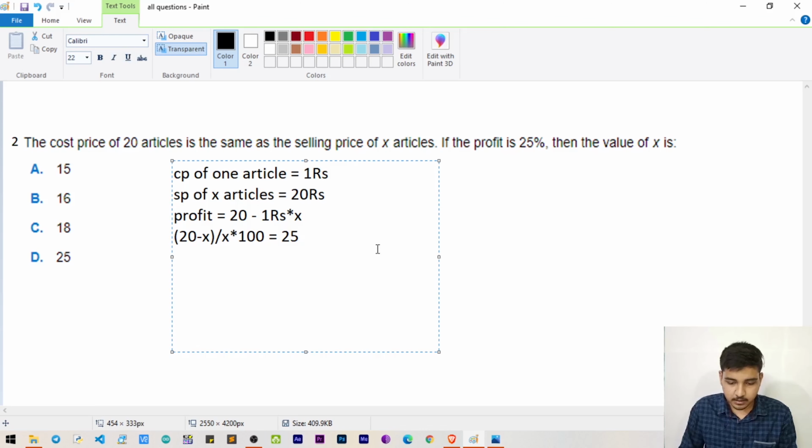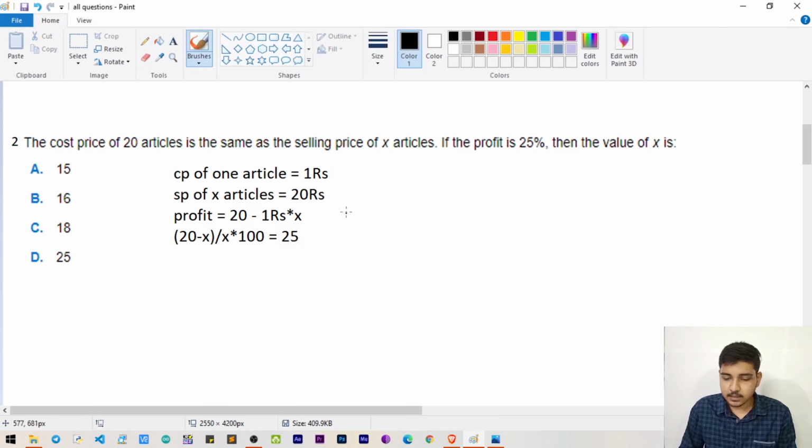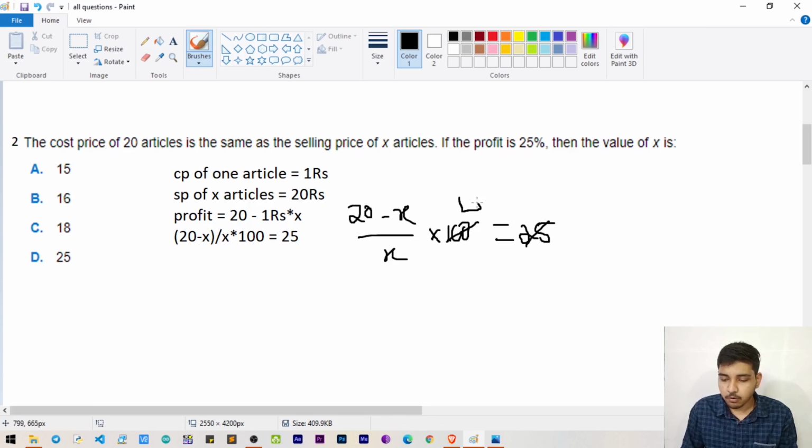So you can simply calculate. So 20 minus X by X into 100 is equal to 25. Cancel both these values 4 times, and 80 minus 4x is equal to x.